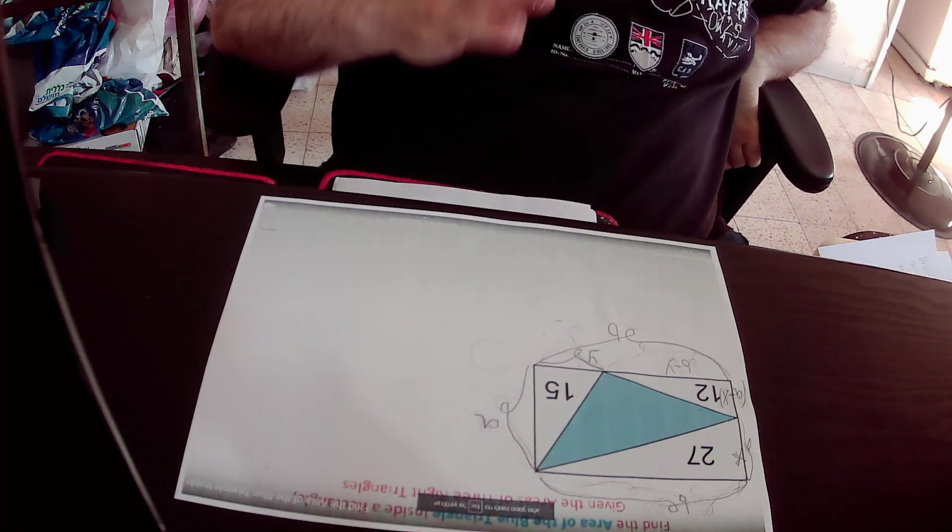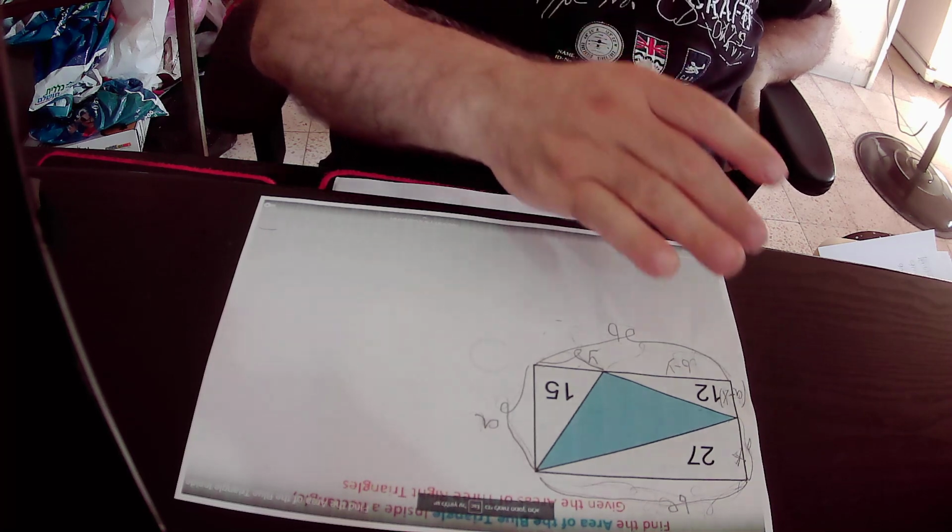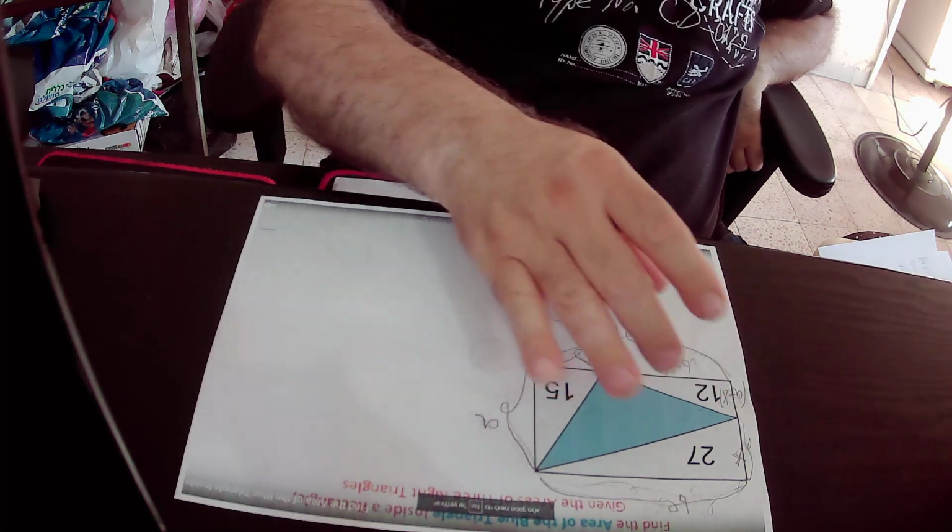We have two different answers, or two roots, for the quadratic equation that we created.